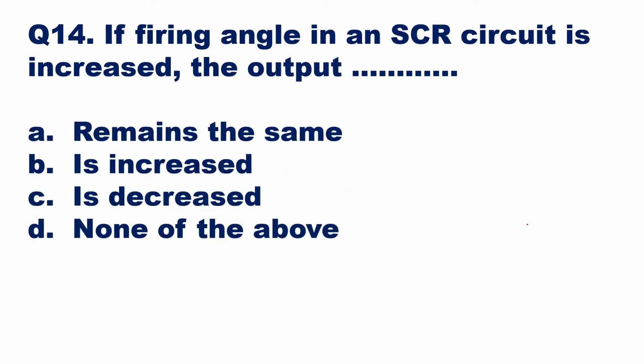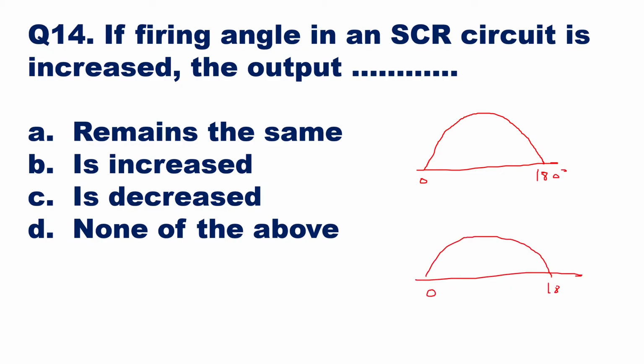If firing angle in an SCR circuit is increased, the output will be how? Again, we have to think about the AC supply, a positive half cycle. See, this is your 0 to 180 degree, and we will take one more positive half cycle, 0 to 180 degree.